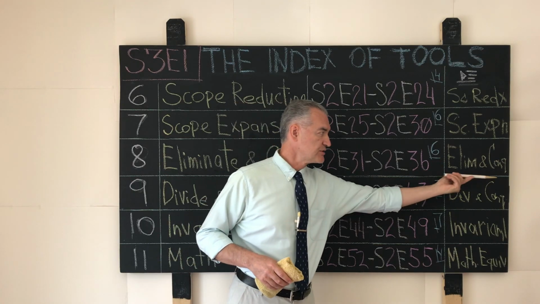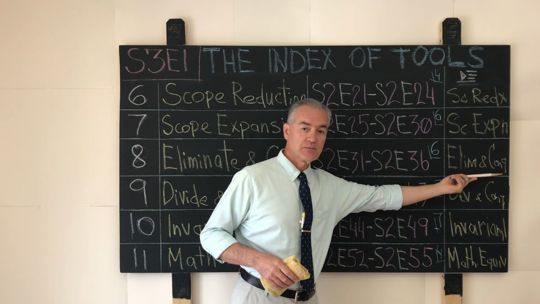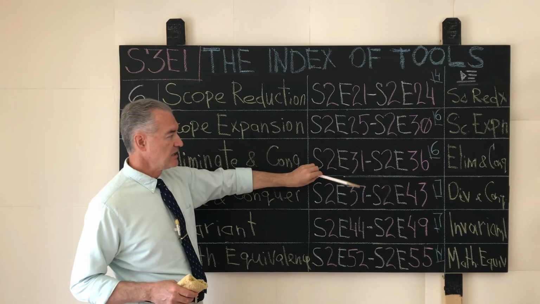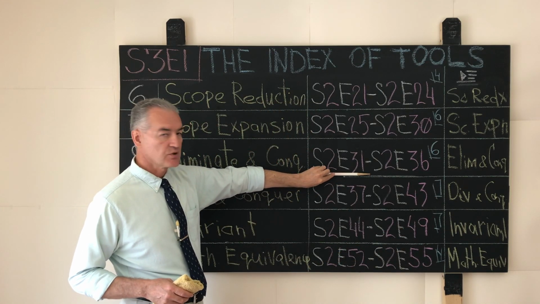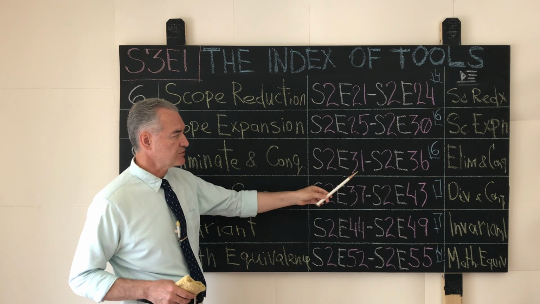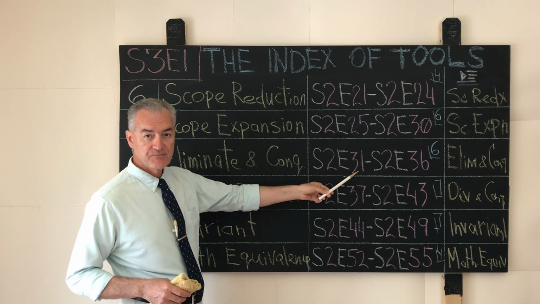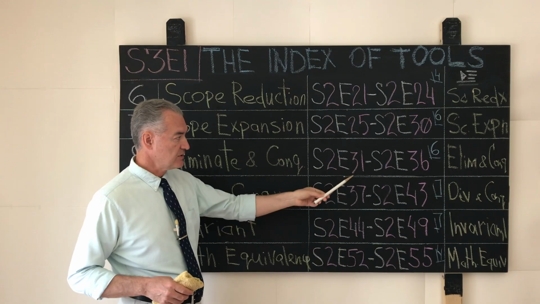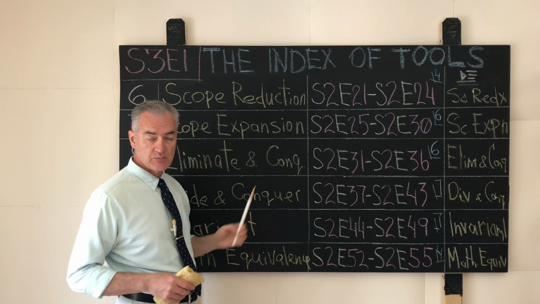All these episodes live in the playlist called Eliminate and Conquer, and I explain the mechanics of how this problem-solving approach works right here, Season 2, Episode 31, the very first episode in the sequence of the dedicated study of this problem-solving approach.